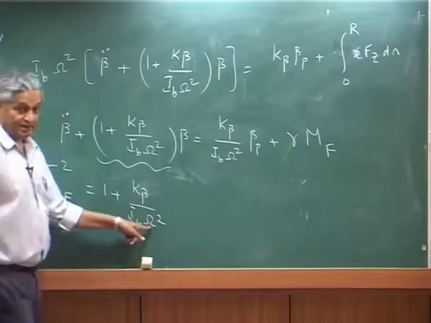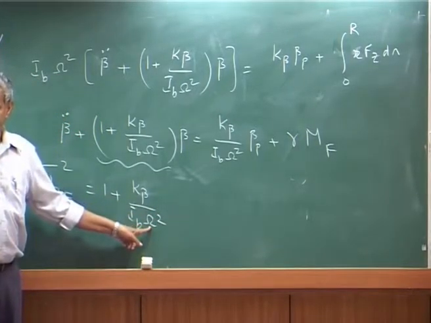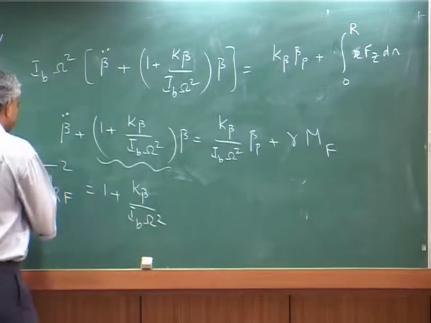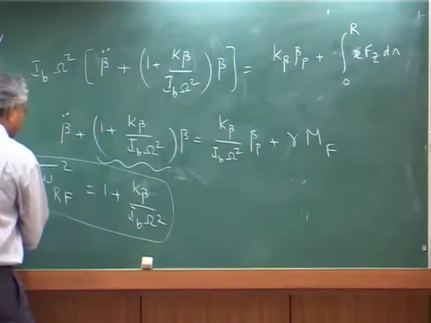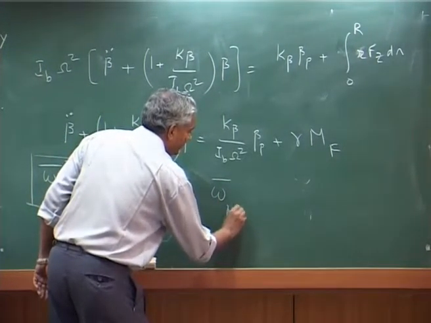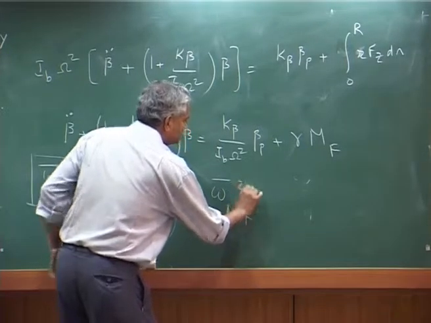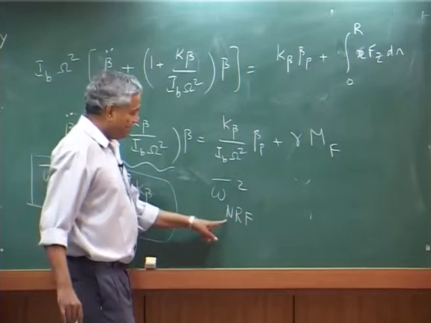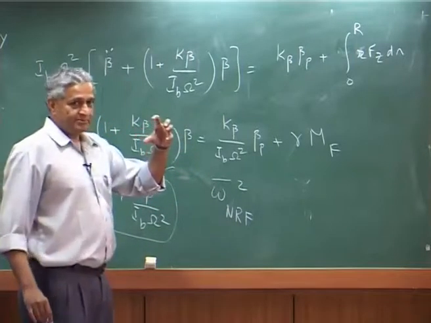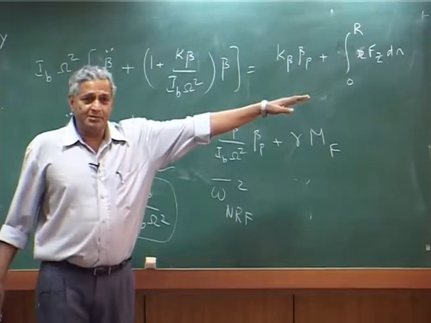Please understand, I have to non-dimensionalize with respect to RPM. This is omega square. And my non-rotating frequency, NRF, NR is non-rotating, because you have a spring, you have I_b.